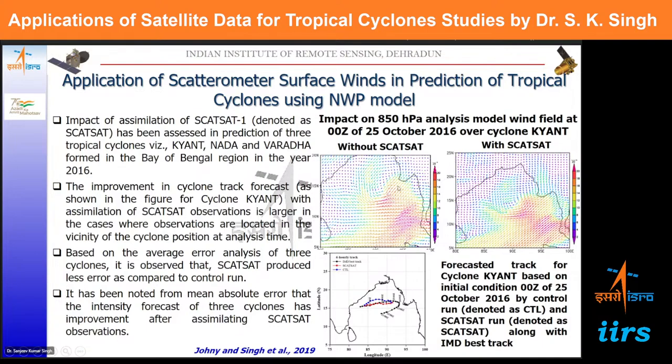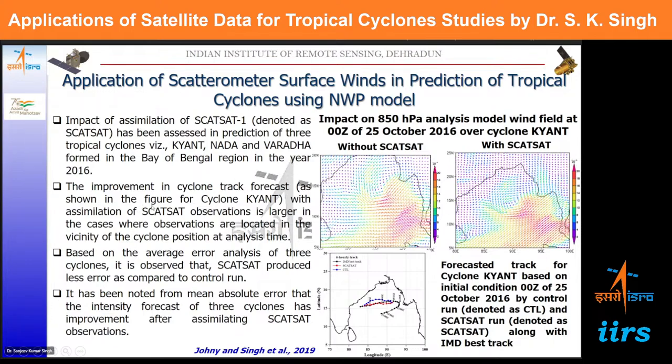In the without ScatSat case, if you look at this wind pattern, it is not a well developed cyclonic circulation. You cannot see it in this image. But once you have assimilated this ScatSat observation, you can see a very well structured wind pattern of cyclonic wind in this image.